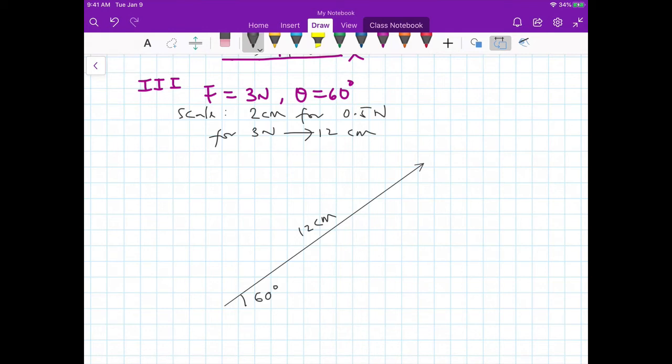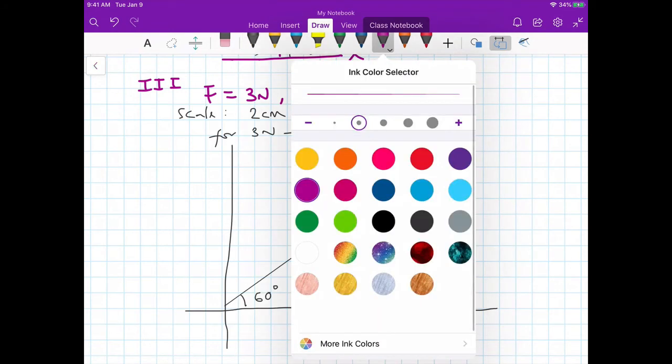First you need to have just a random xy axis. Let's say this is your x axis, and you have your y axis. Now you need to find its x and y components. How do you find x and y components?